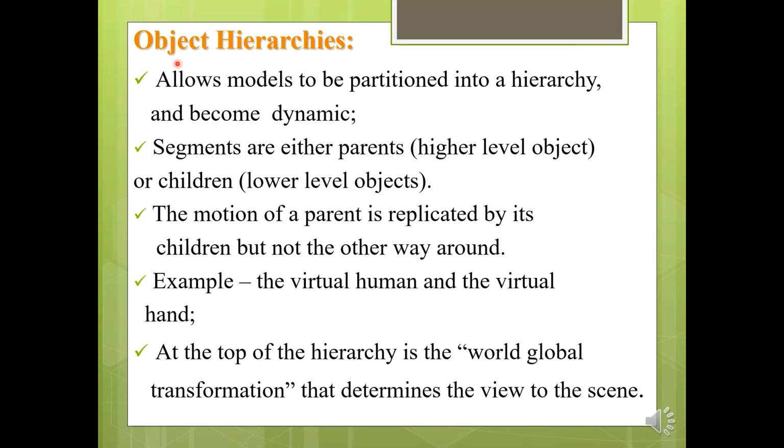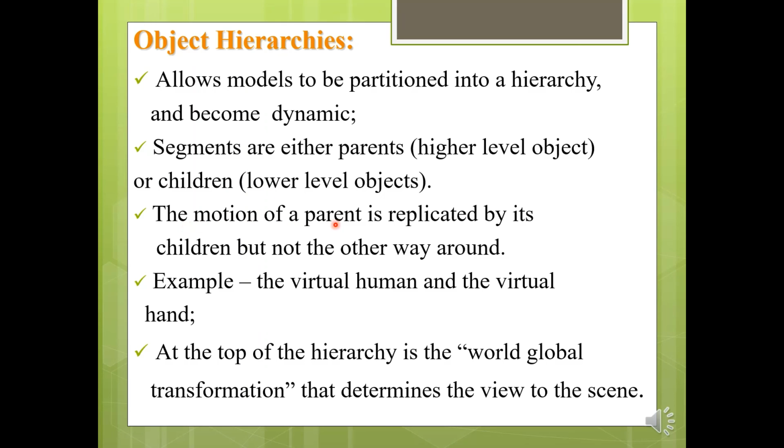What are object hierarchies? Basically, object hierarchies are defined as a group of objects which move together as a whole, but whose parts can also move independently as well. A hierarchy implies at least two levels of the virtual object: either a high level object, known as the parent, and a low level object, known as the child.